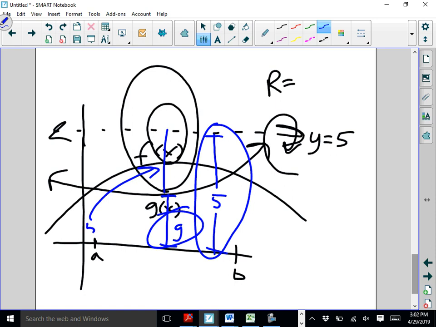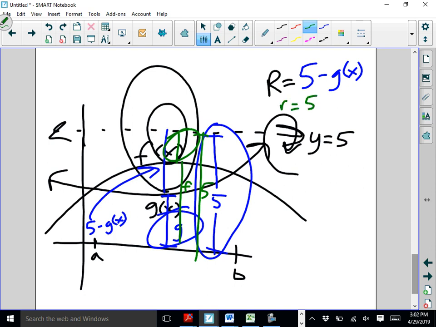So whenever we revolve above, it's always whatever that constant is minus the function, the lower function, to get our big radius. So my big radius here would be 5 minus g of x, where my little radius, again, this distance is still 5. This distance is now f. This length is 5 minus f. So little r would be 5 minus f of x.